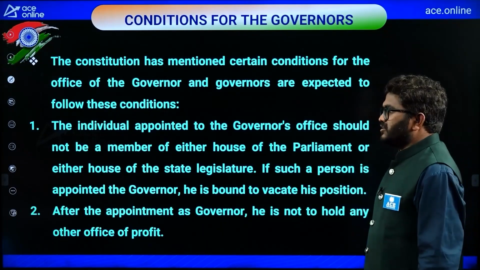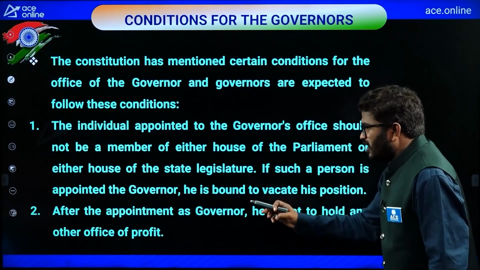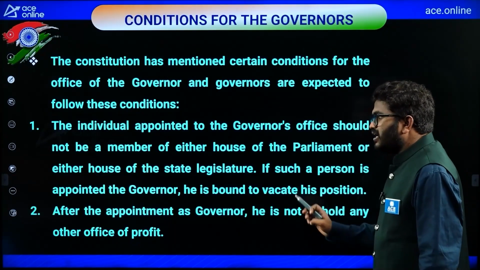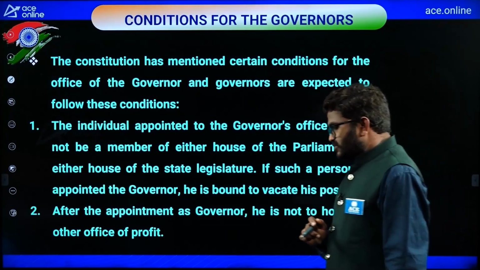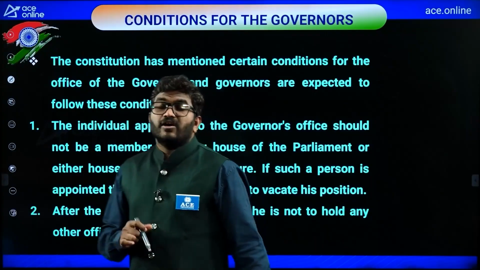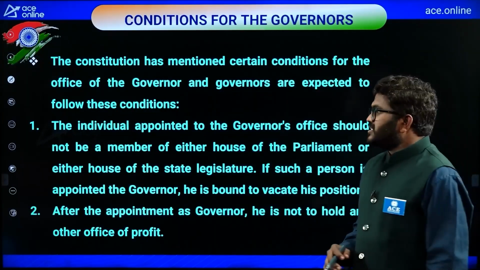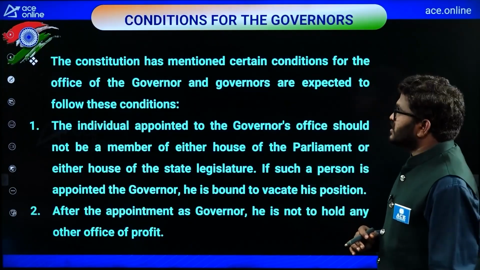So he should vacate, he should resign. After the appointment as governor, he is not to hold any other office of profit. So he should not do any government job, any office of profit like that. These are the conditions given here.